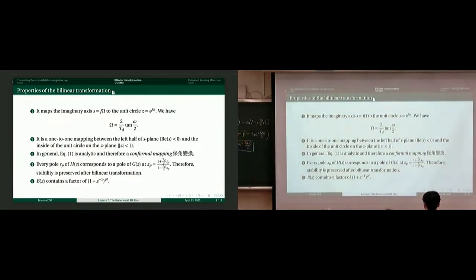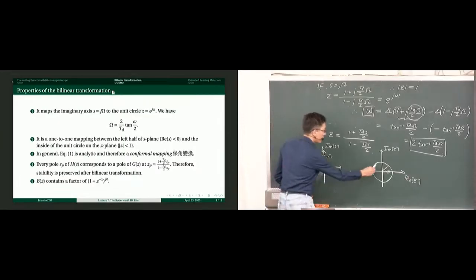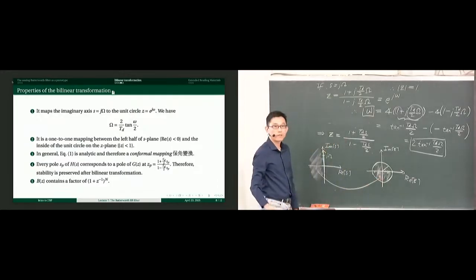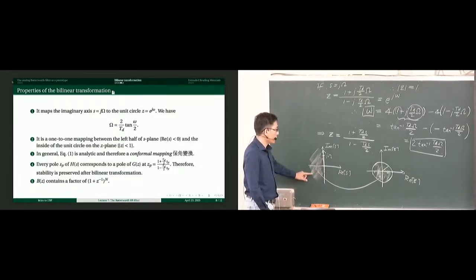The entire left half plane right here is mapped to the inside of the unit circle, okay? And you can also show that. But intuitively, this is a nice property about orientation of a contour.